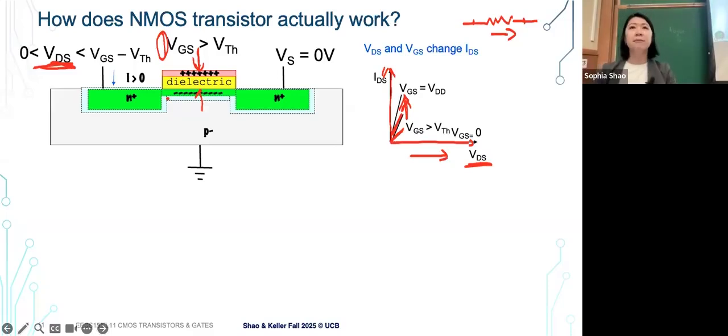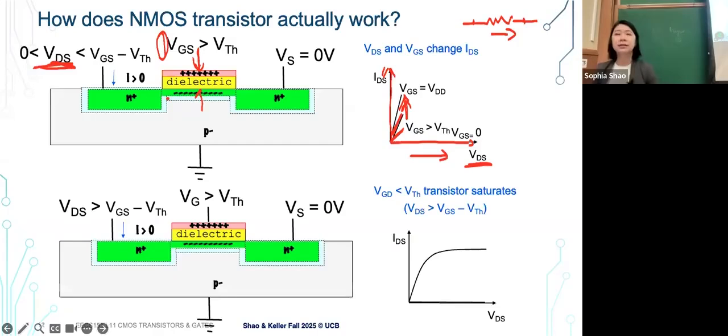What if we increase the drain voltage to the extent that those two terminals get very close? The voltage difference between the drain terminal and gate terminal gets so small, even smaller than the threshold voltage. Has anyone seen that before?